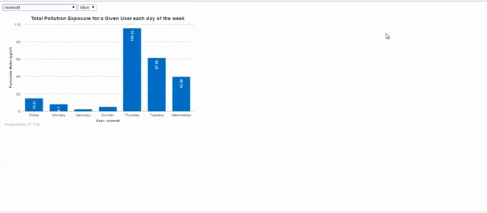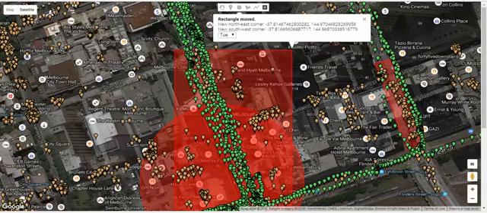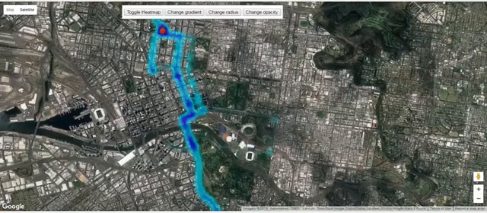Before leaving I also wanted to show, as we showed in the live HTML, that for different regions we see pollution exposure for different streets.